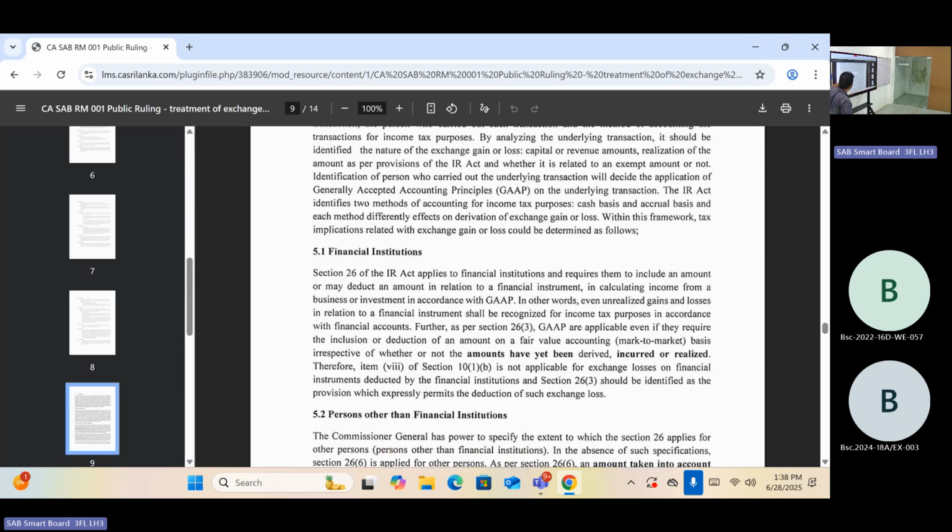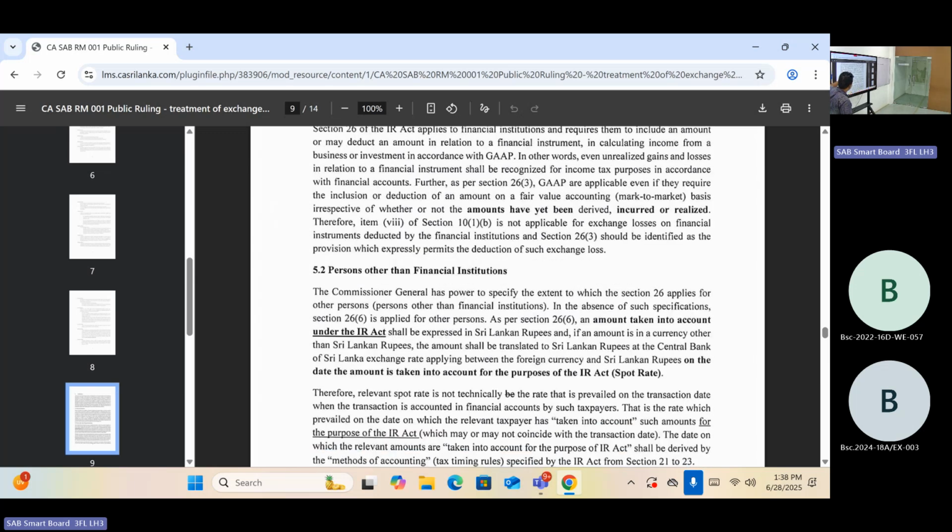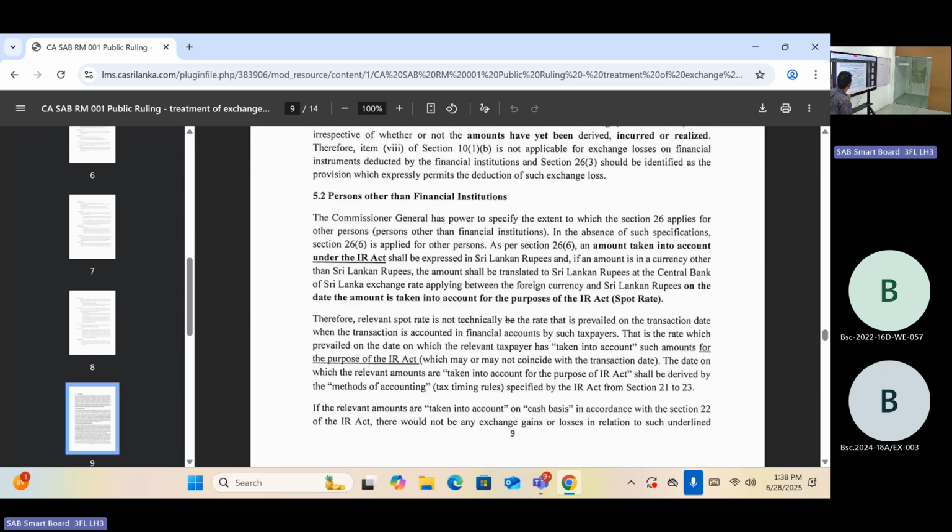However, as per the law, it says what exchange rate needs to be applied. Section 26, subsection 2 says an amount taken into account under the IRA shall be expressed in LKR, Sri Lankan rupees. So it says the transaction should be expressed in LKR for tax purposes.